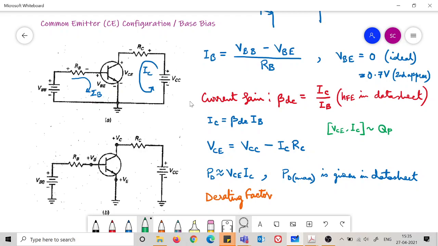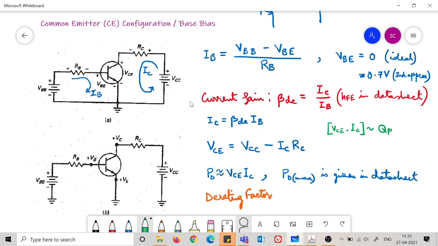So the output characteristics are the characteristics of VCE versus IC, and the operating point is the particular VCE, IC pair at which the transistor is operating. So this gives you the Q point. When you get this VCE and IC, then you can calculate the dissipating power of the transistor.